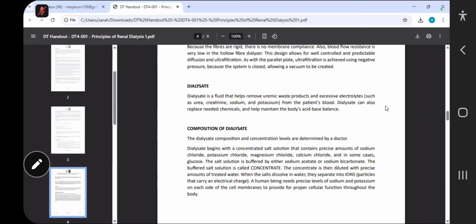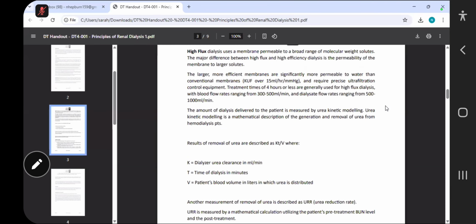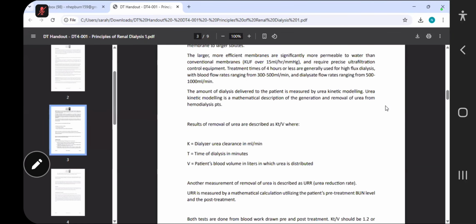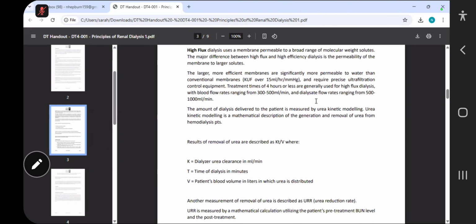Miss, excuse me. That KTV, you can go back up on the KTV page for me, please. Right. So you say the formula is for your pre-weight and your post-weight. Is that for that?